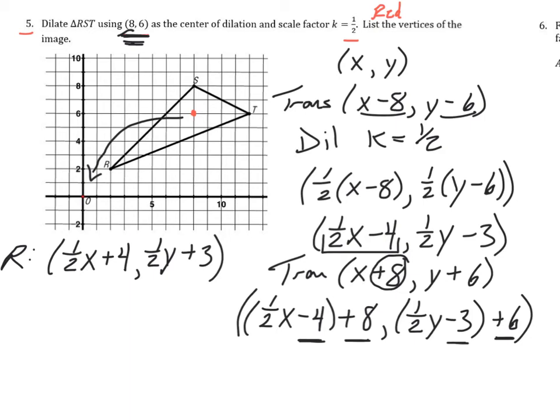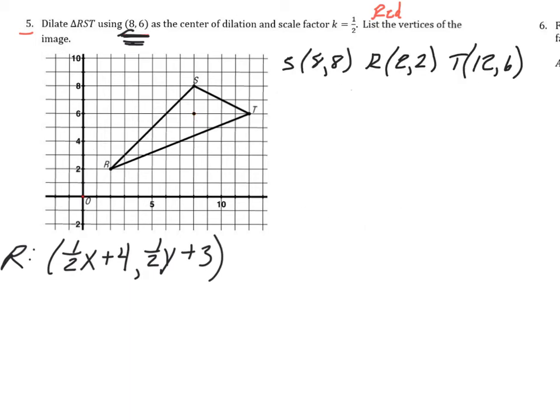Now what I want to do is go back to the beginning and use this rule to find my new coordinates S prime, R prime, and T prime. So I have my original coordinates, S, R, and T, and let's focus on finding S prime first. So I'm going to rewrite my rule, 1/2 x, but instead of x, I'm going to fill in 8 right there, plus 4.